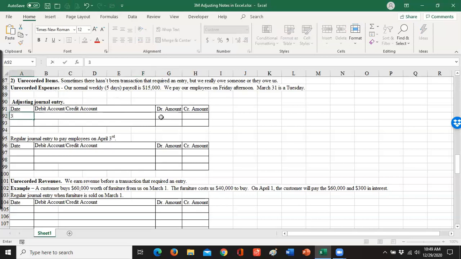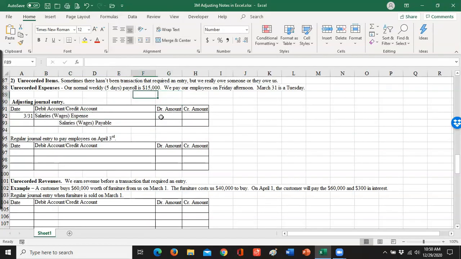Here, we're not going to do anything till 3/31. And at the end of the month, we say, okay, we really have some salaries expense. In some problems, they call it wages expense. This depends on if you have people who are salaried or hourly. We owe those people, so if we owe those people, it's a payable.